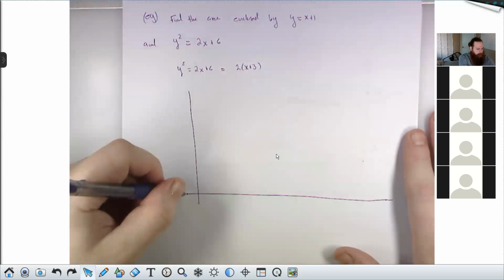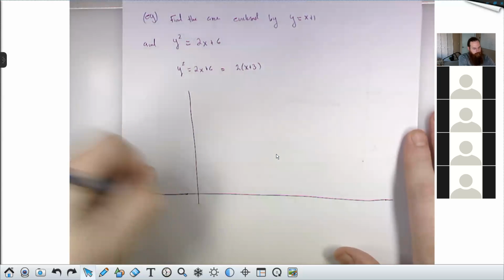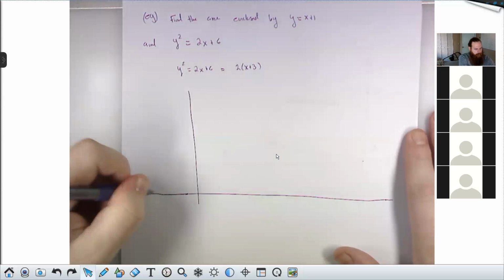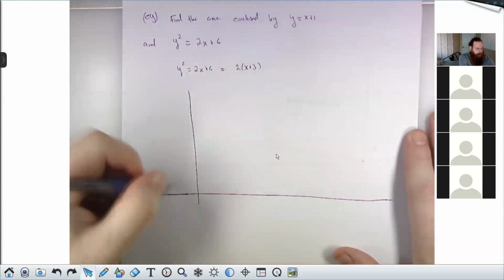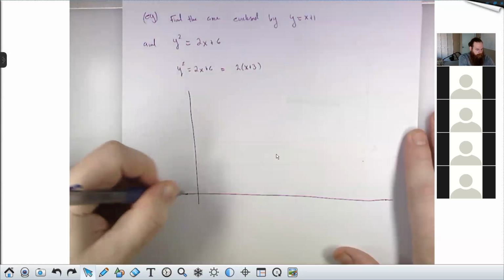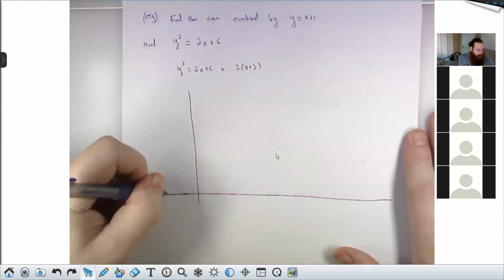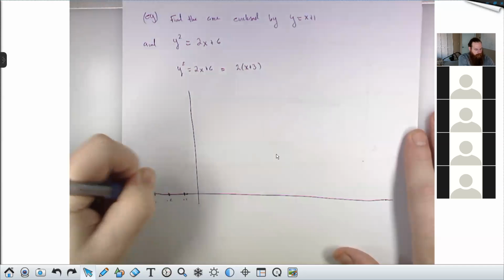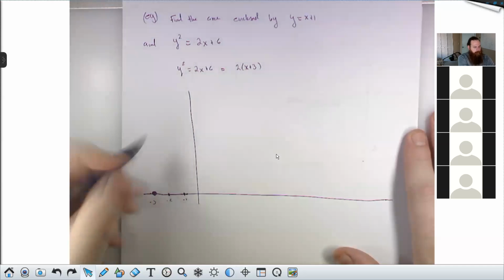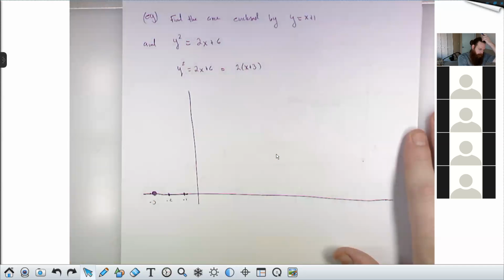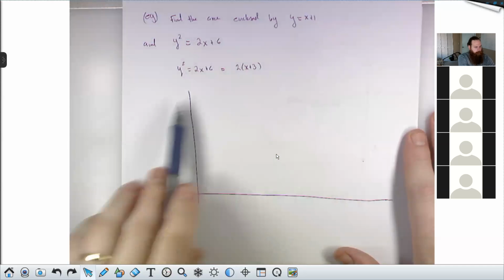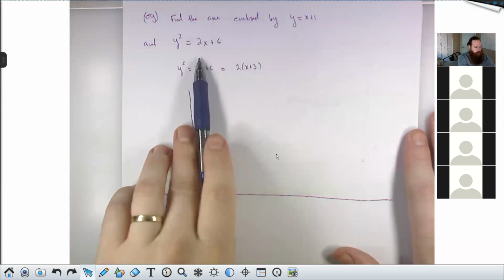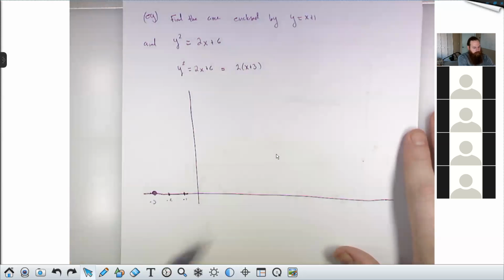So you can plot a few points. Let's see, when x is negative 3, so I'll mark that over here. 1, 2, 3. We know this guy is on my parabola, negative 3, 0. And I also know that if I plug in x equals 0, I get y squared equals 6. So plus and minus the square root of 6.